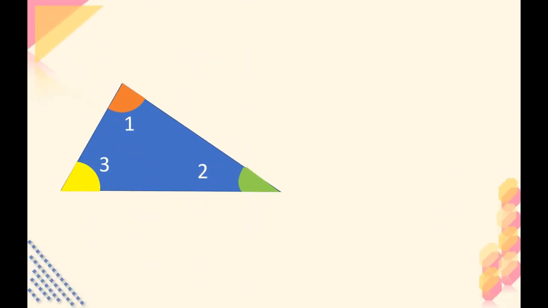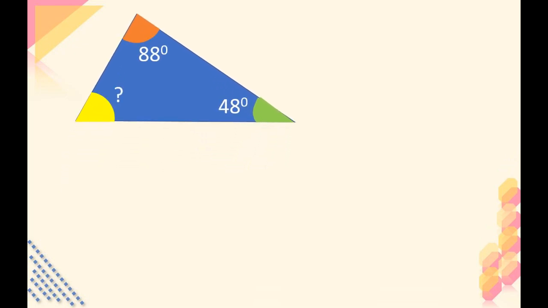Now, what if this triangle is one of those in the truss bridges and you need to be accurate in measuring its angles? If angle 1 measures 88 degrees and angle 2 measures 48 degrees, what is the measure of angle 3?